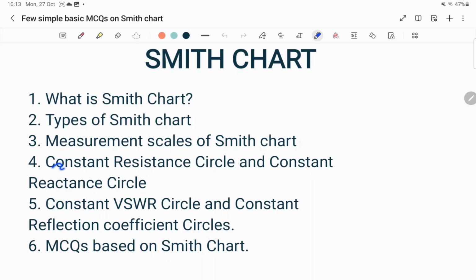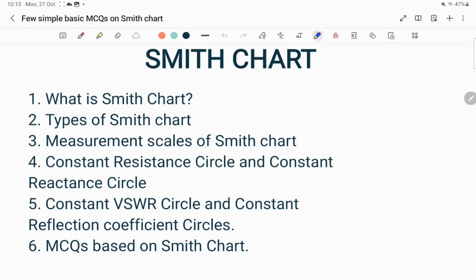Next is constant resistance circle and constant reactance circle. A lot of questions have been asked based on this concept. Next will be constant VSWR circle and constant reflection coefficient circle. This is also an important concept when it comes to Smith chart basics. And then we will solve a few MCQs based on Smith chart.